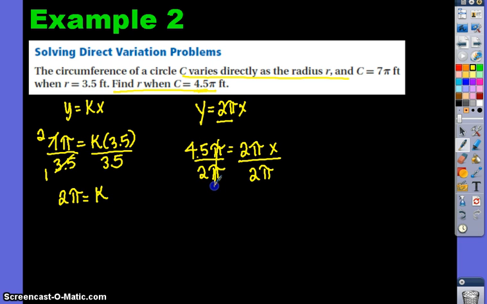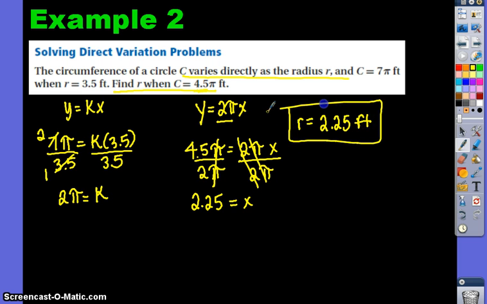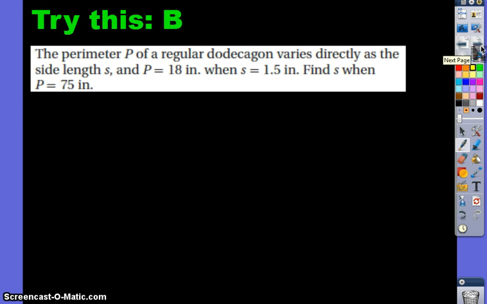The pi's are going to cancel out. Everything cancels out over here. So 4.5 divided by 2 is 2.25 equals x. So our radius, when c is 4.5 pi, is 2 1/4, or 2.25, and our units are feet.